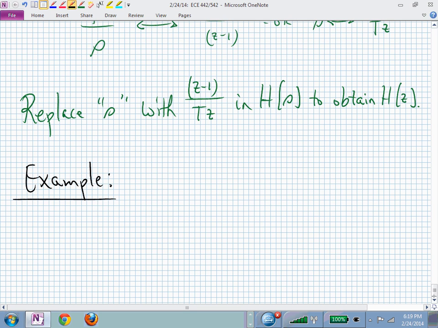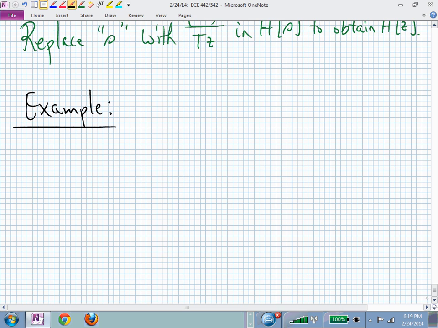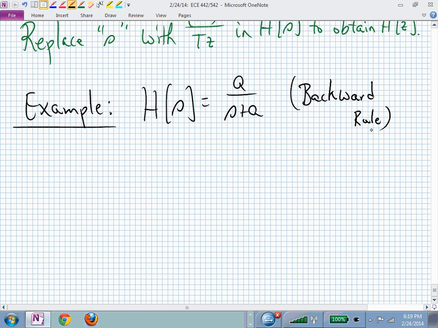Let's stick with the same example so that we can compare and contrast these. Our h of s was a over s plus a. And what we want to do now is use the backward rule. H sub b of z is now going to be h of s.